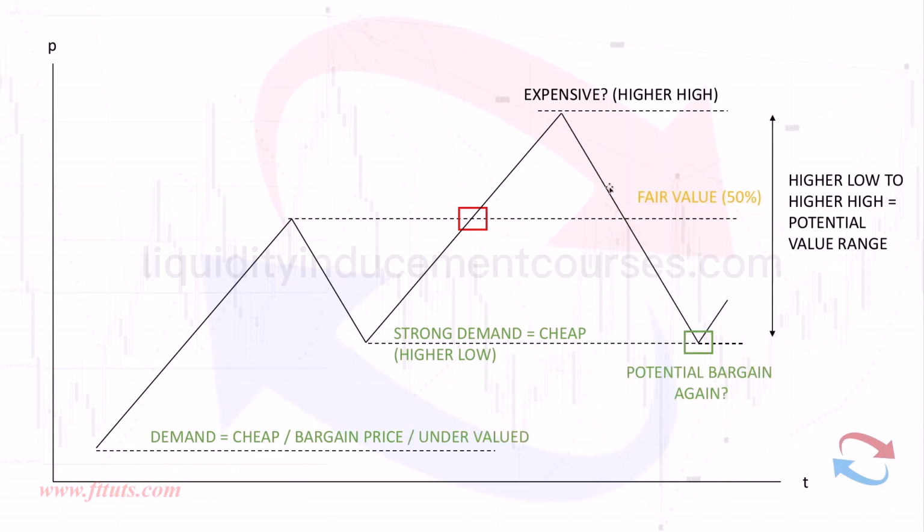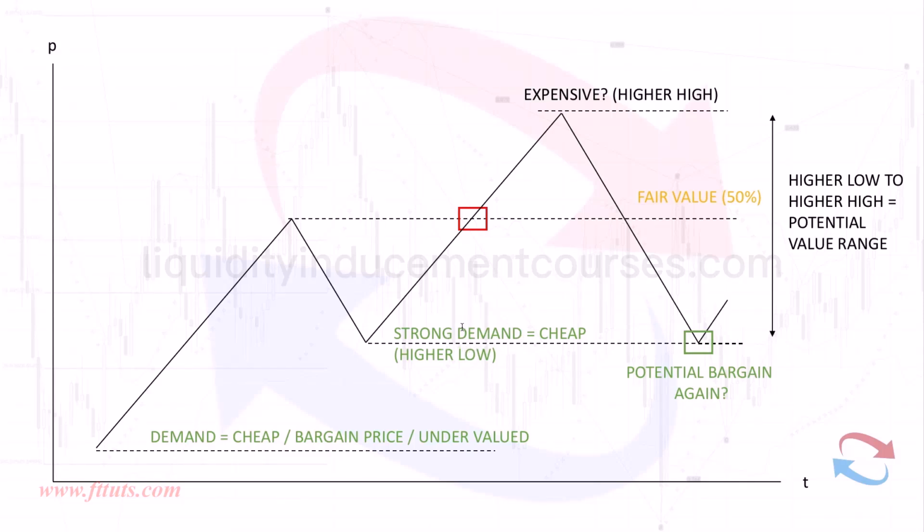So halfway between this range will be considered fair value, and if prices do come back down to this area, this would be the area that we would be looking to buy. This would be the strongest area, or one of the strongest areas of demand at a higher low.